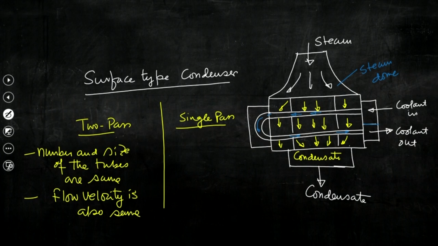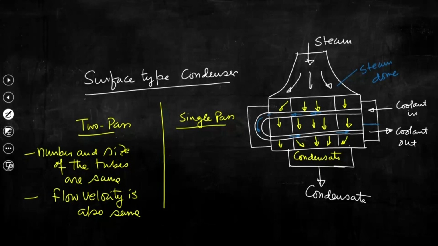So, if the number and size of the tubes are the same, and the velocity of coolant when it passes through the tubes is the same, then the amount of coolant needed for the single pass will be just double the amount of coolant needed for the 2 pass.